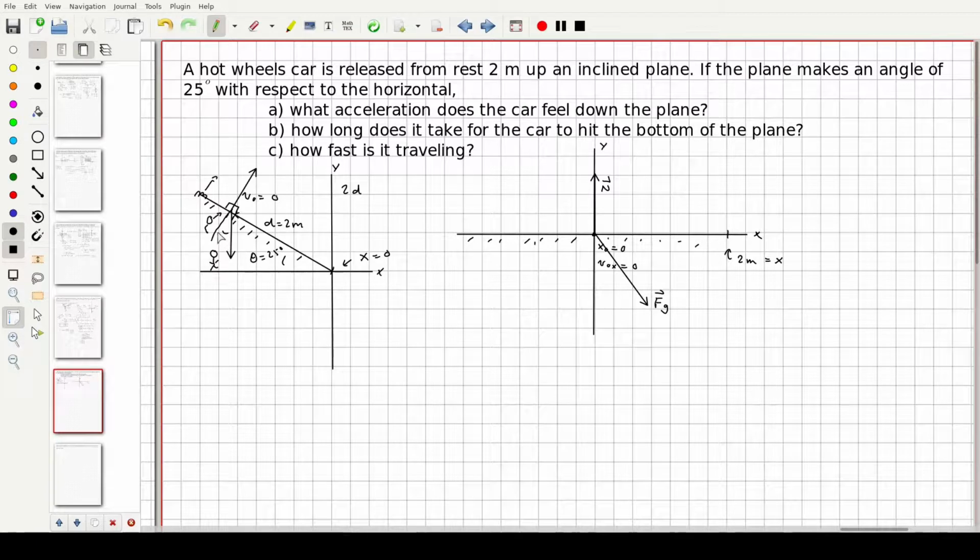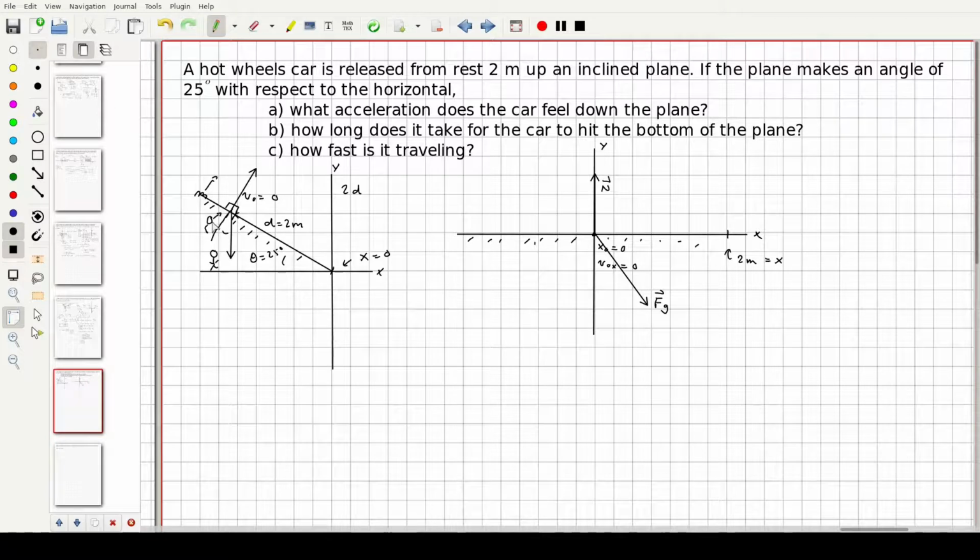So as I lift, this angle is going to get bigger as well. If I were to lift this thing all the way up to where it was lying just along the y-axis, this would be pointing straight down y, this would be pointing straight down negative x, which means that the angle there would be 90 degrees. And so would this.